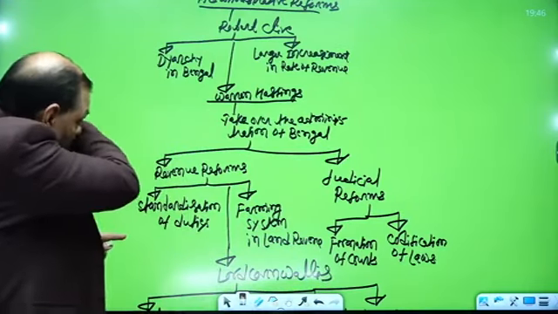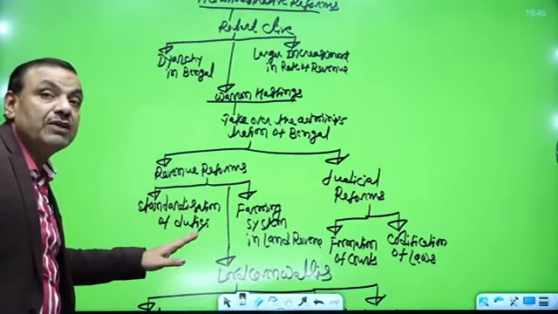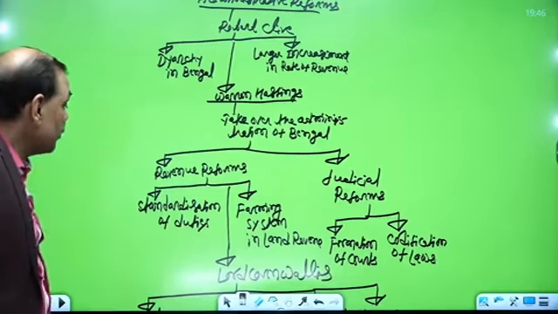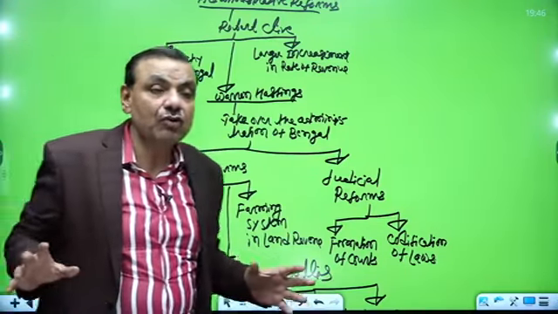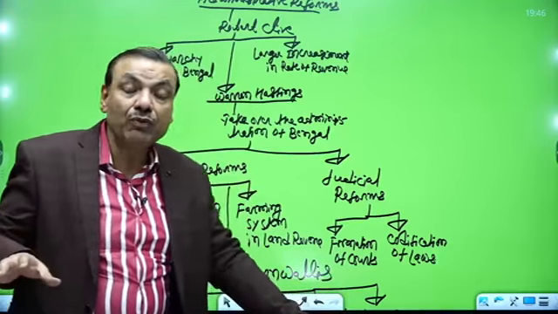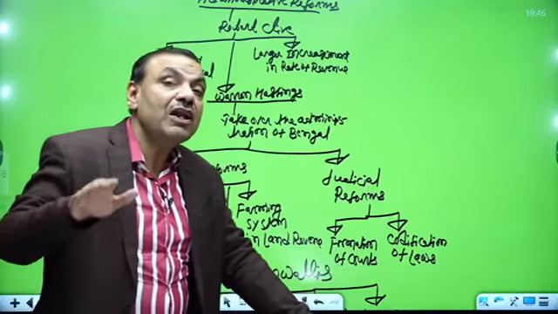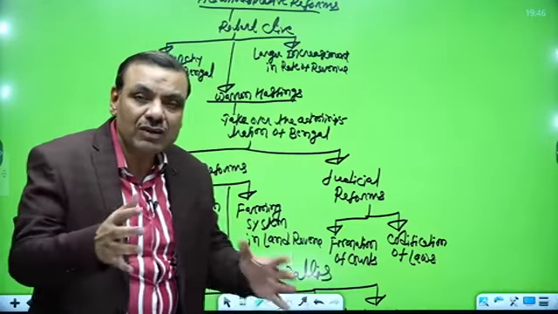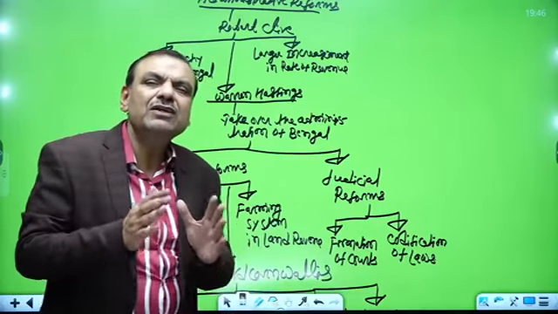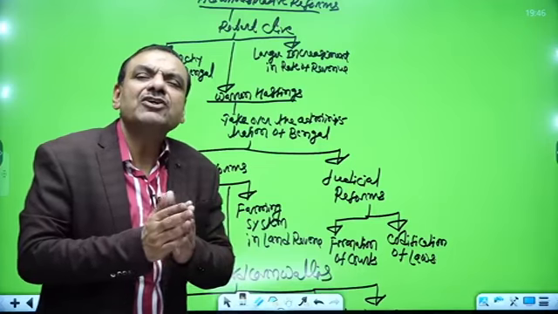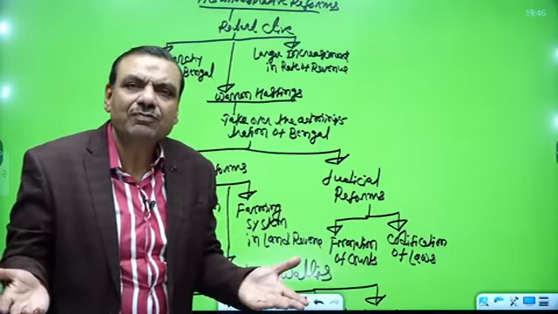First of all, he tried to bring some reforms in the revenue system. In the revenue system, there are two types of revenue. One is the collection of duties. Another is the land revenue system, the collection of land revenue. In the revenue system, he standardized the rate of the tax.